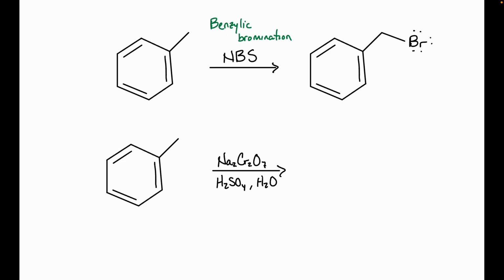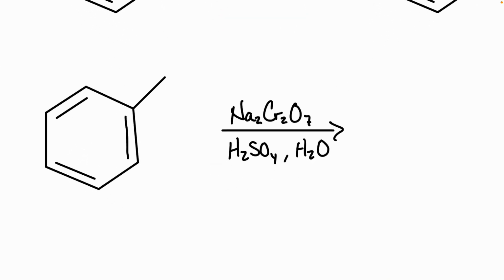Okay, and when we see chromium in our reagent, what do we automatically think? Does anybody remember from last semester? We sort of threw it in at the very end, all right? If you see chromium, you think oxidation.